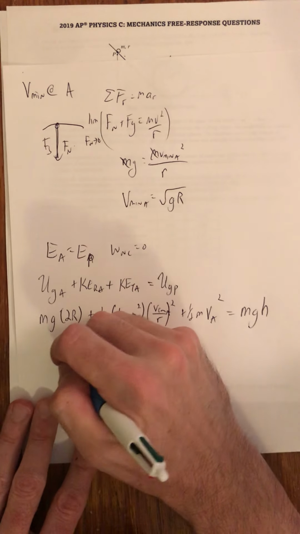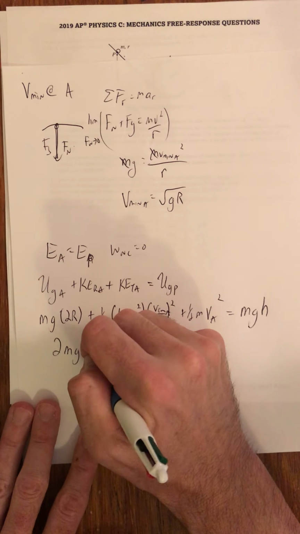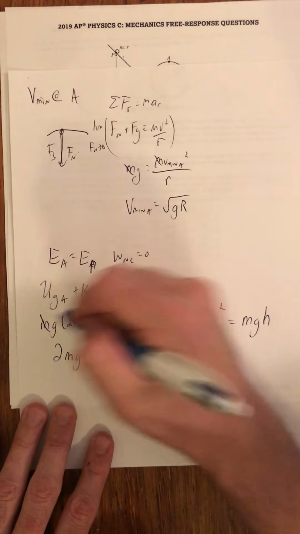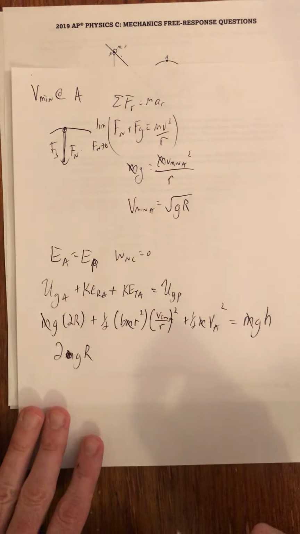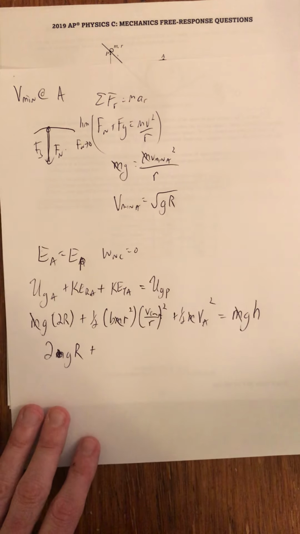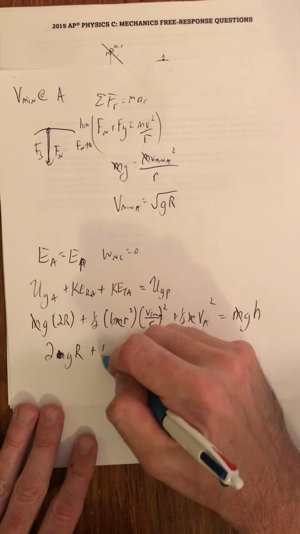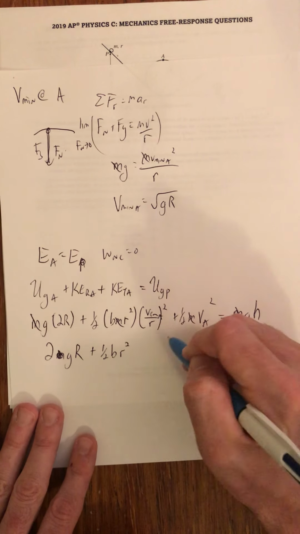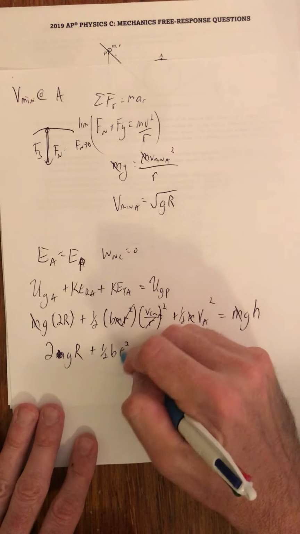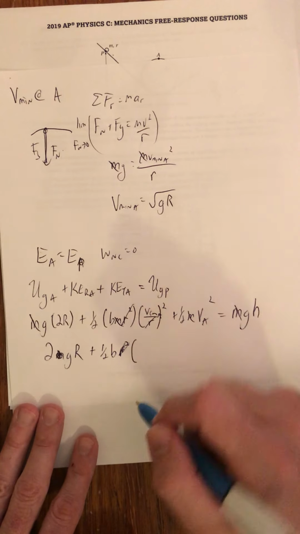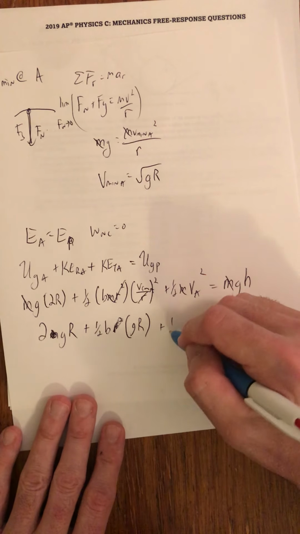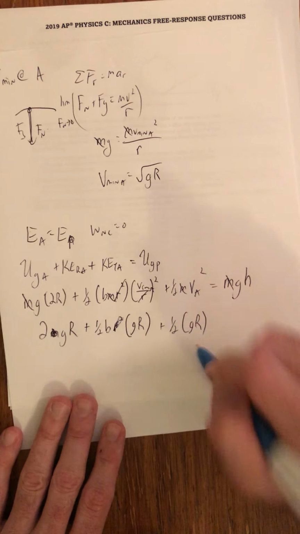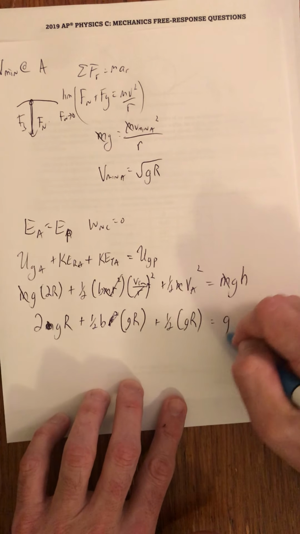All right, let's clean this up. 2mgR. Actually, let's cancel some m's first. So 2gR plus half b r squared; the r squared and the r's are going to cancel. Then VCOM squared is just gR, plus 1/2, and this just becomes gR from above, equal to gh.